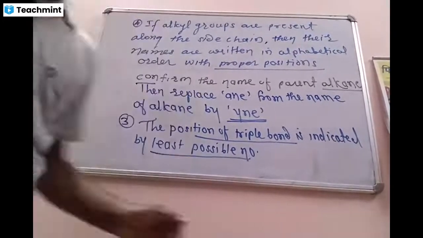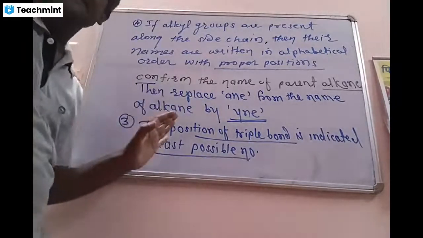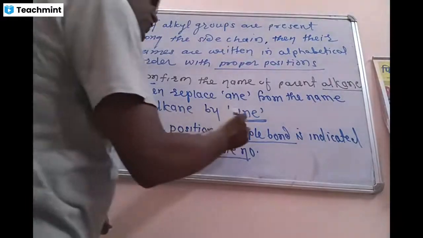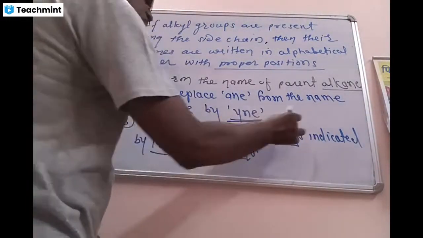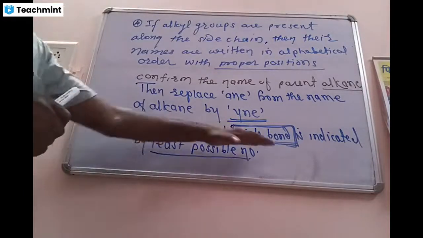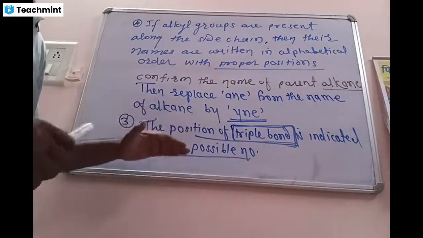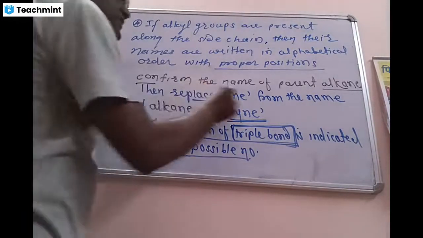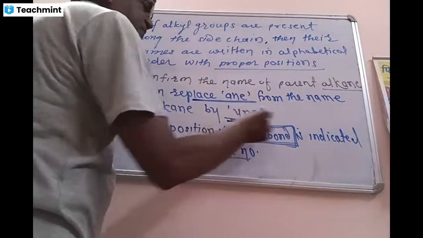Once you select the chain, that chain must contain the carbon-carbon triple bond, meaning both carbons carrying the triple bond should be along that chain. Second, once you have the chain with the maximum number of carbon atoms, you confirm the name of the alkane, and then ANE in the name of the alkane is replaced by YNE.